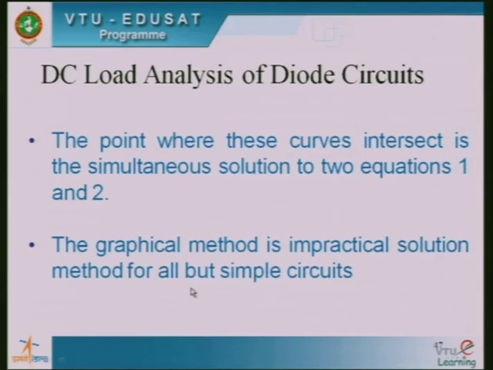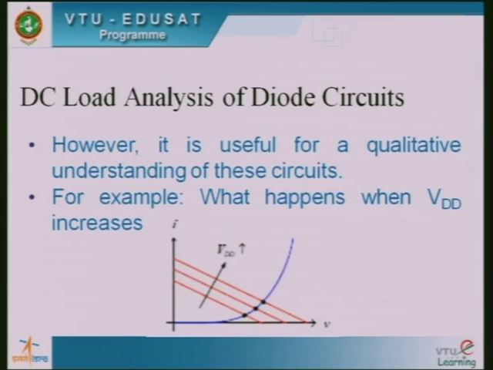That means this graphical method can be used only for simple diode circuits, but we cannot say that it will be the solution for all problems. However, this graphical analysis is useful for qualitative understanding of the circuit. For example, what happens when VDD increases?